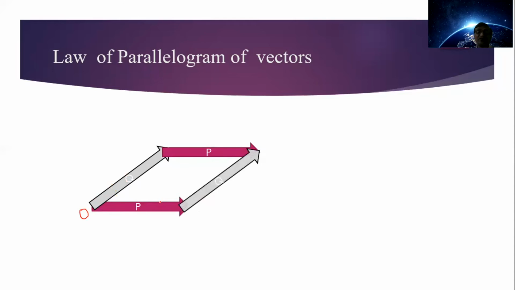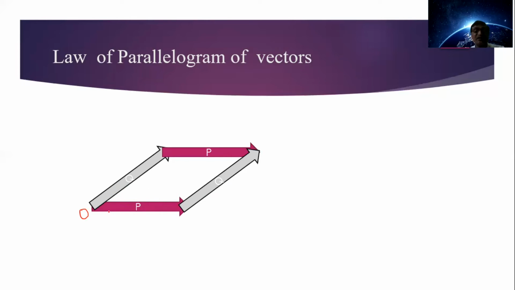That is, parallel vectors are drawn here. Here we can complete the parallelogram. Now the two vectors, P vector and Q vector, are originating from the same point, and these are represented by the adjacent sides of the parallelogram.